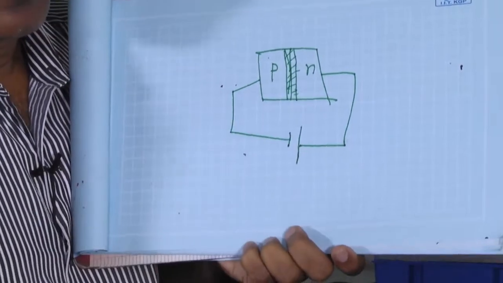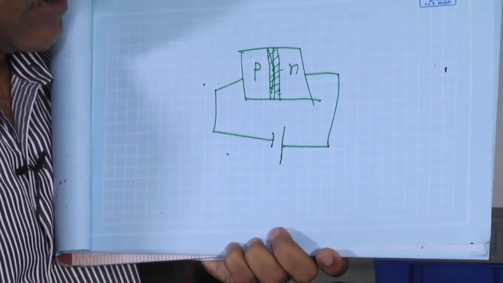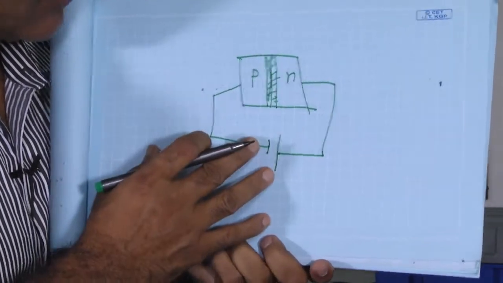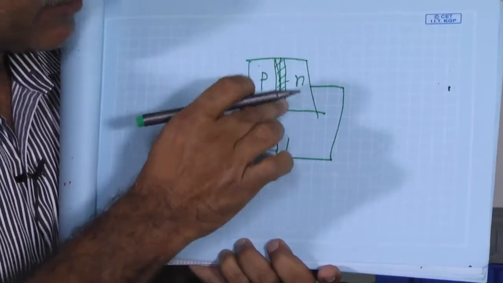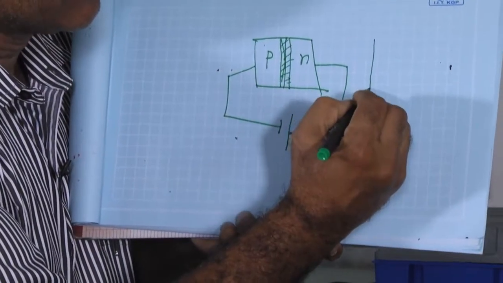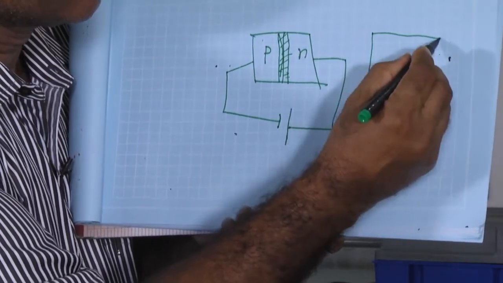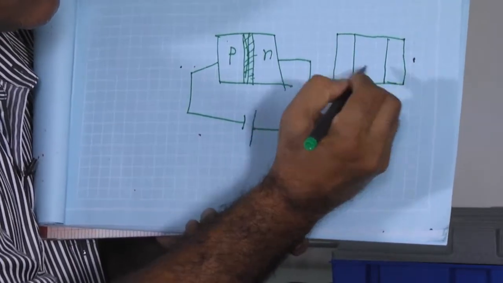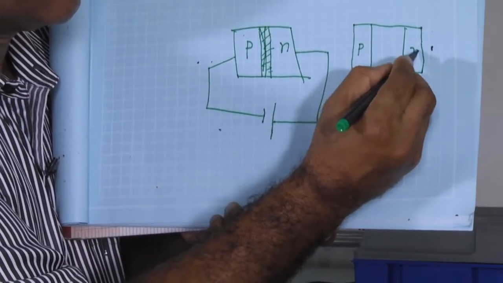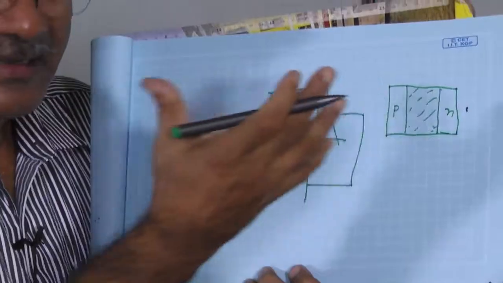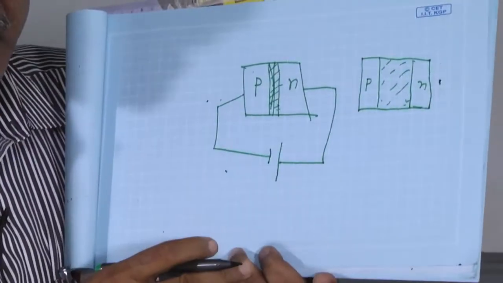Then this depletion layer width will be bigger. So this is P, this is N, and this is the depletion layer. Now the depletion layer is the larger area.